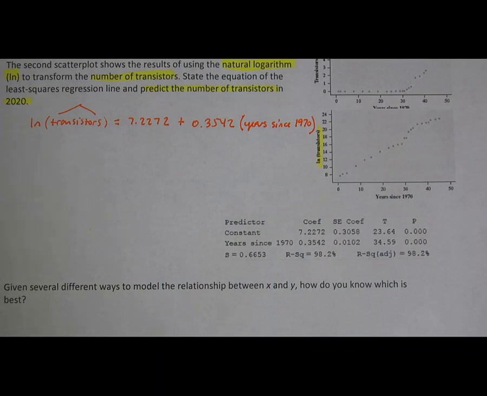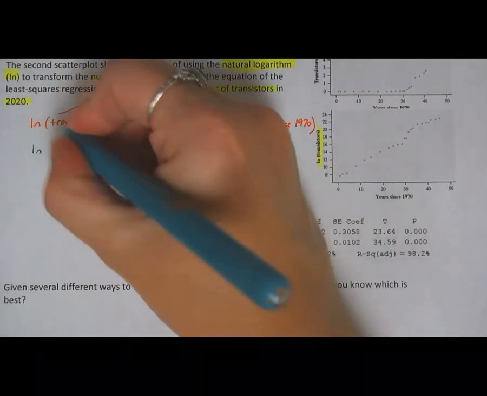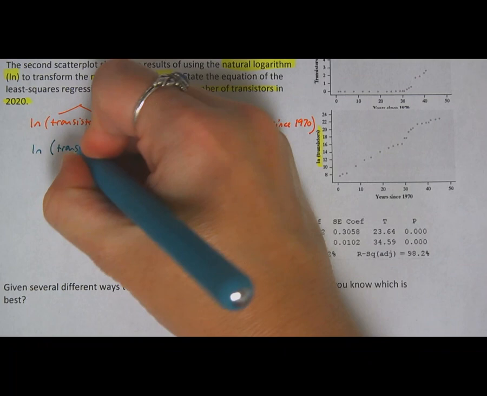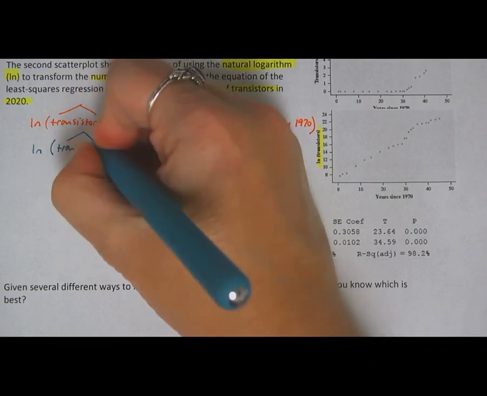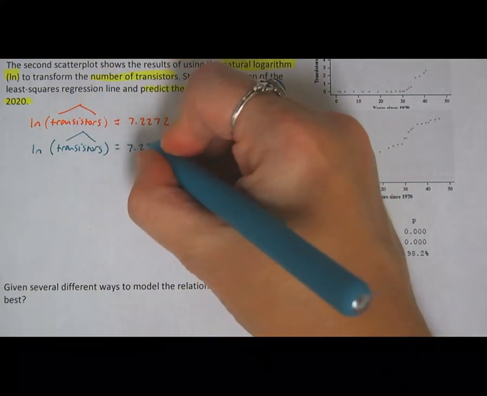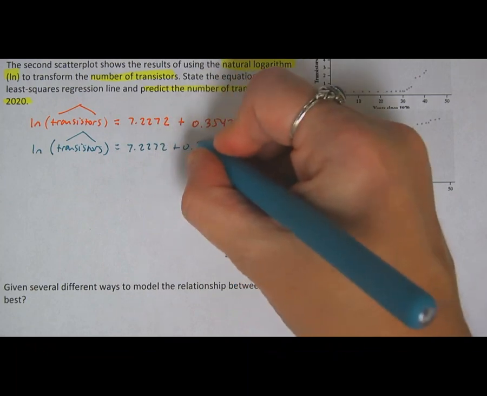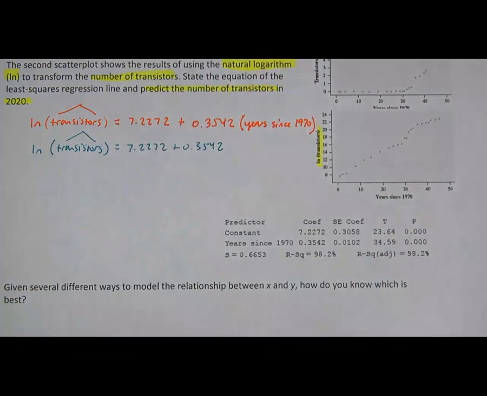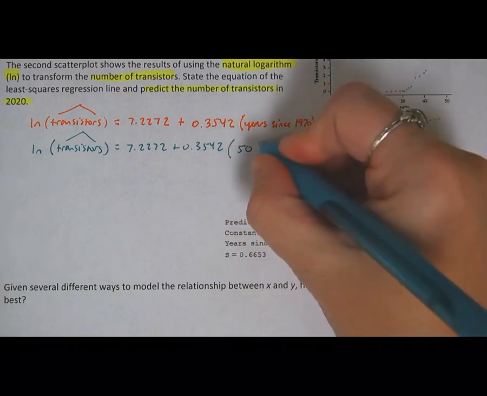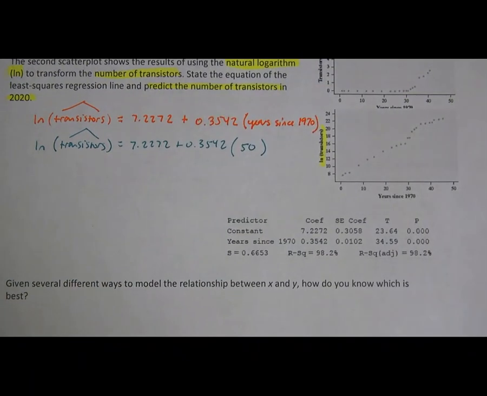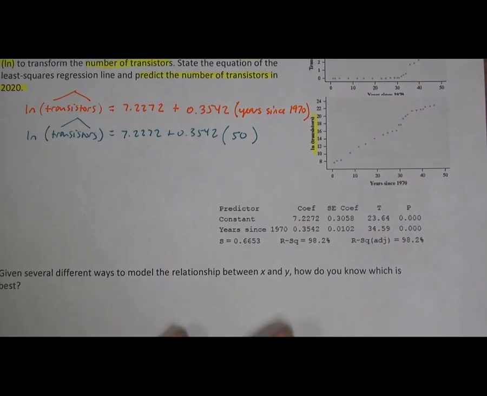Predict the number of transistors in 2020. Does that mean we're going to plug in 2020? No. How many years since 1970 is the year 2020? Golly, that makes me feel old. Yes. 50 years since 1970. I always think of 1970 as 30 years ago. All right, 50.